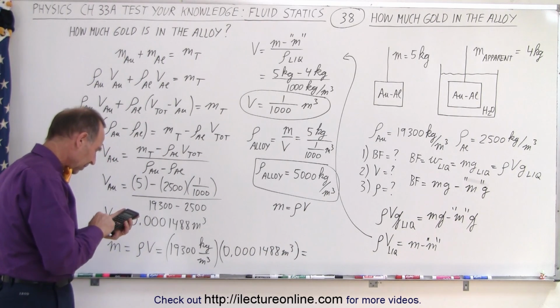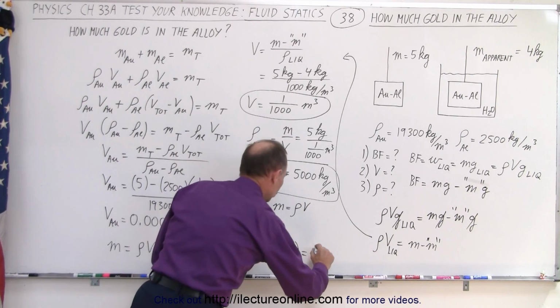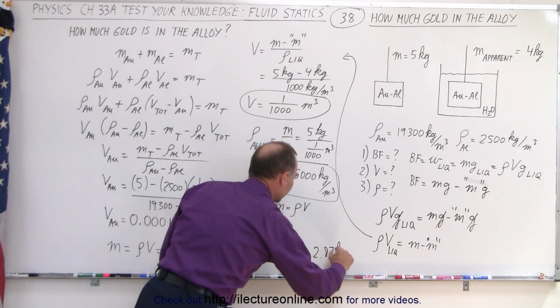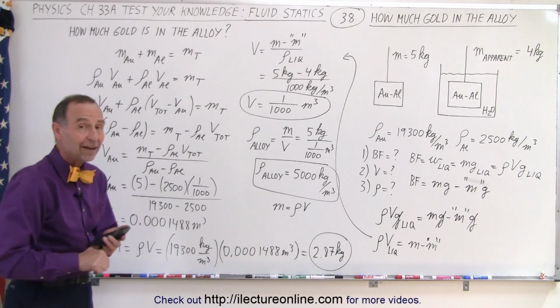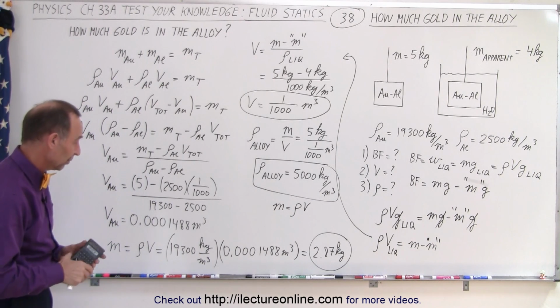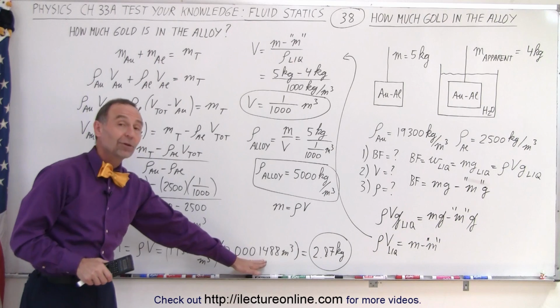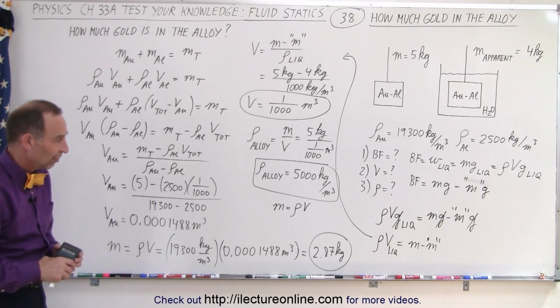So multiply this times 19,300, and we end up with 2.87 kilograms of gold. So a little bit over half of the 5 kilograms is gold, and the rest has to be aluminum. So even though the volume is only 15%, total mass is a little bit over half because of the enormous density of gold.